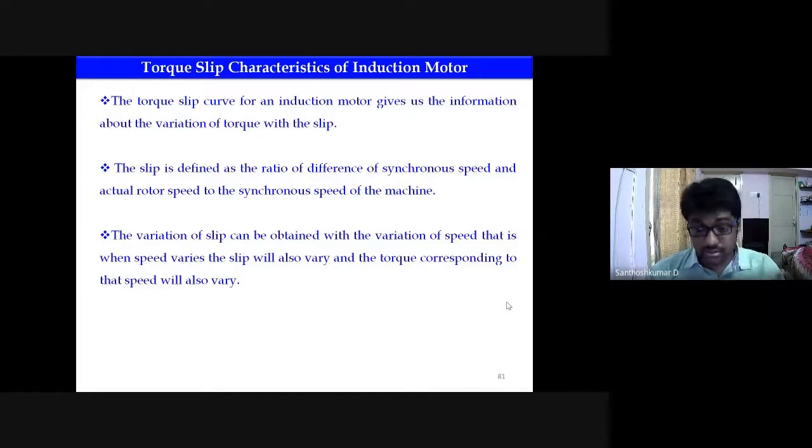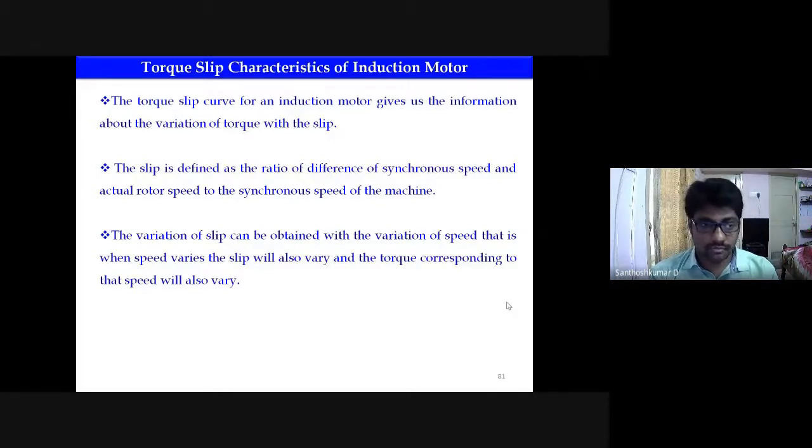Now we will go to the topic. The torque slip curve of an induction motor gives information about the variation of torque with the slip. The slip is defined as the ratio of the difference of synchronous speed and actual rotor speed to the synchronous speed of the machine. Here the variation of the slip can be obtained with the variation of the speed.